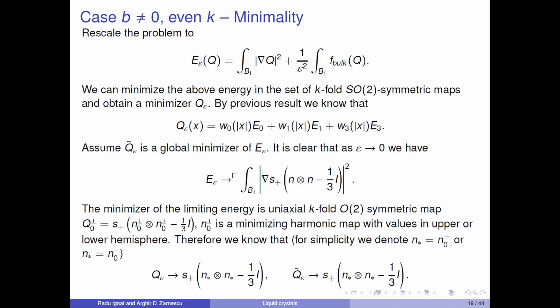The case when R is large and the constant epsilon is fixed is equivalent to the case when you fix the radius, but you play with this constant. It's just a change of variables. If you write this energy functional on balls of radius R, and then you rescale it to balls of radius 1, you get this constant here. So the case when R is large or epsilon is small is the same thing expressed in different ways.